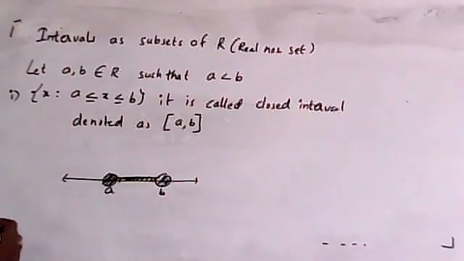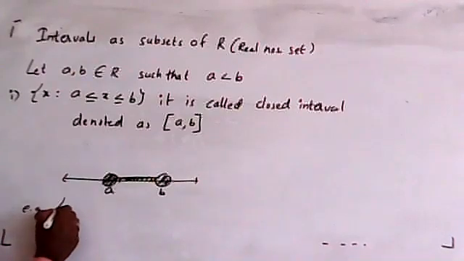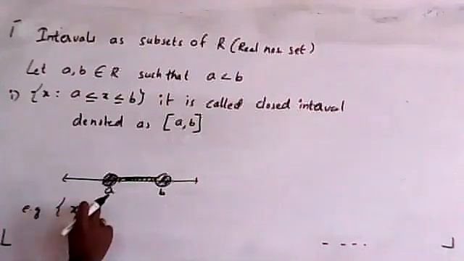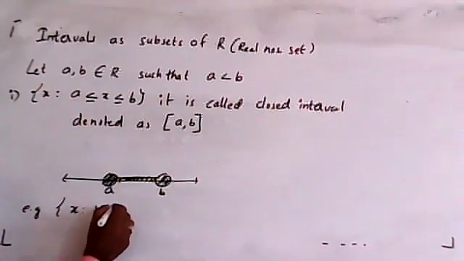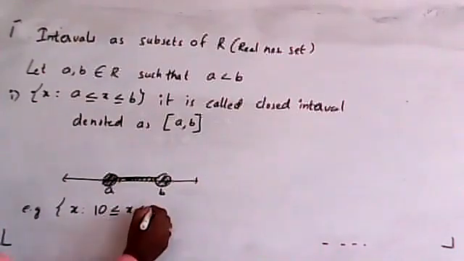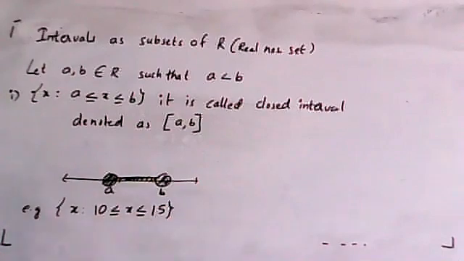So let's see one example. Same example: there is a set X such that for all elements of X, 10 is lesser than or equal to x is lesser than or equal to 15. What's the meaning now?